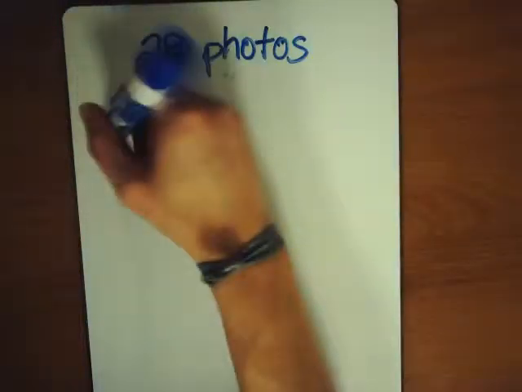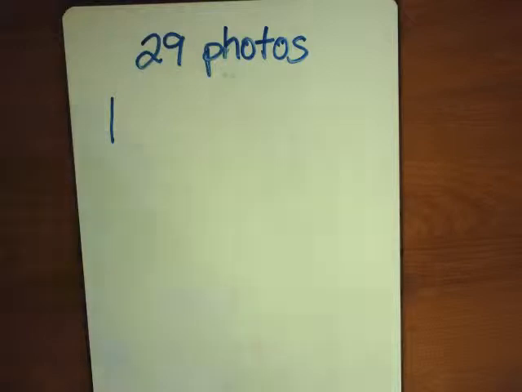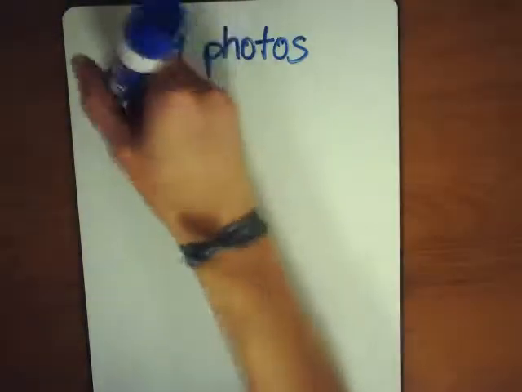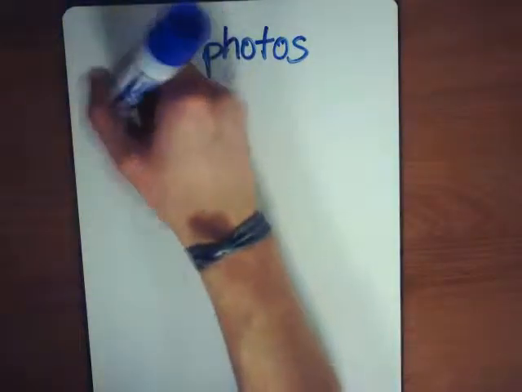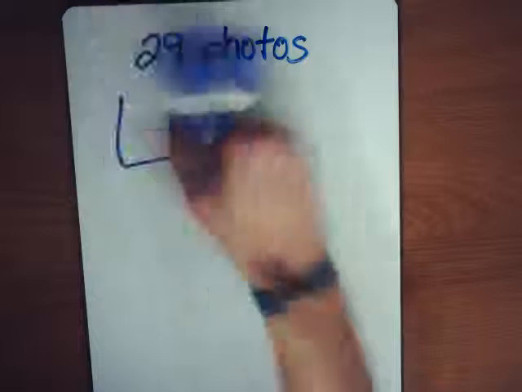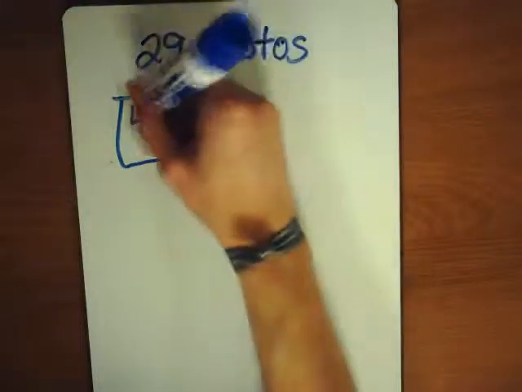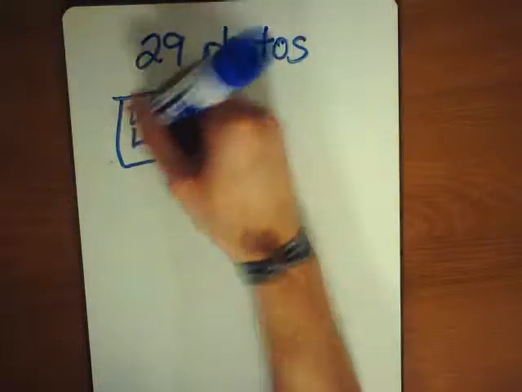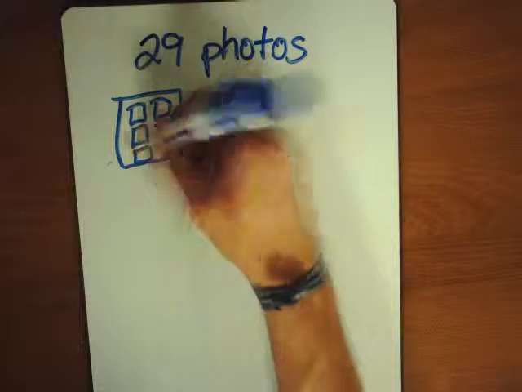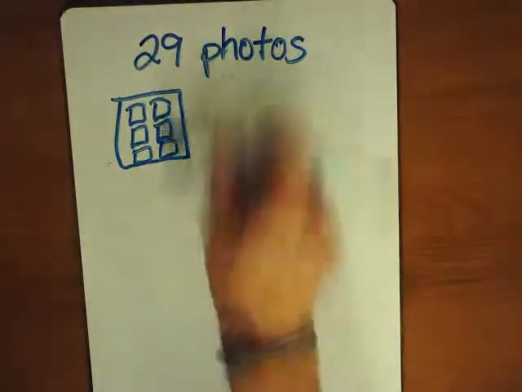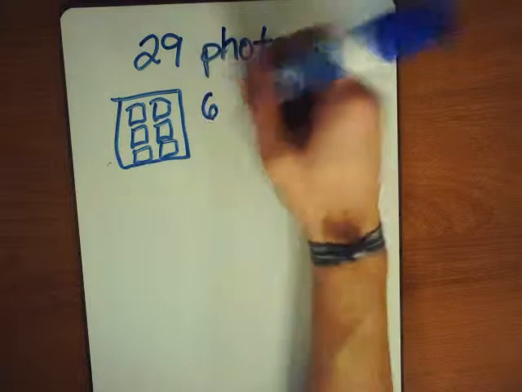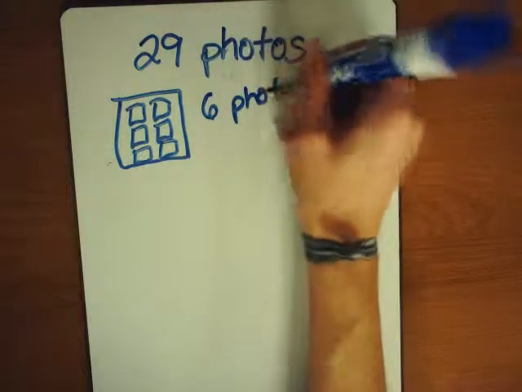He's got 29 photos, and he has 6 photos per page. So one page can only fit 6 photos on it. Okay? So you can't fit any more photos on that page.